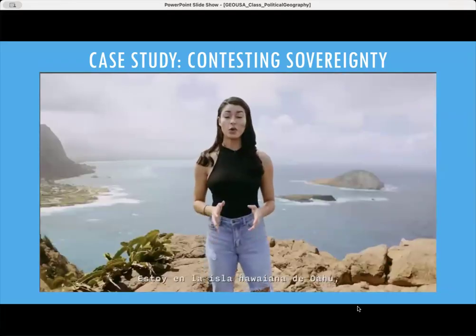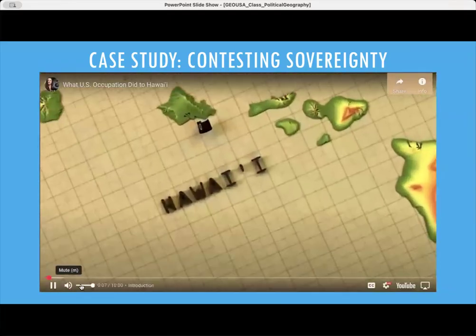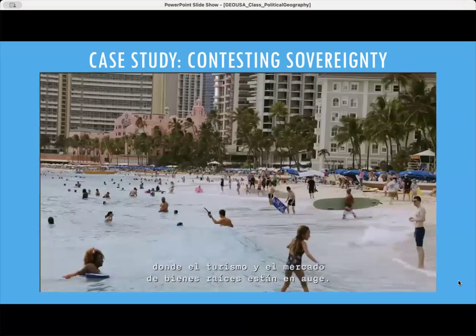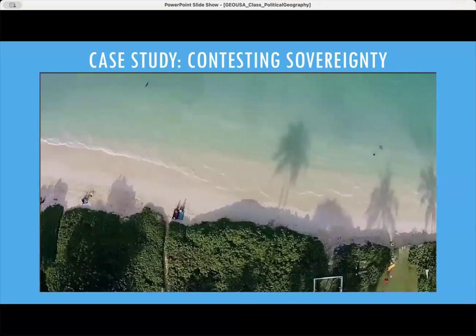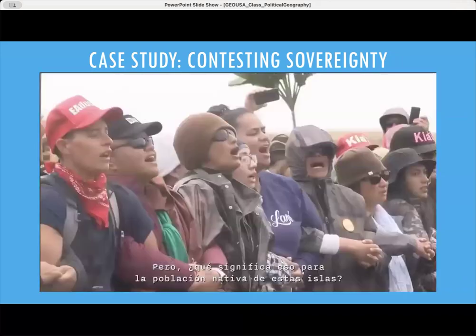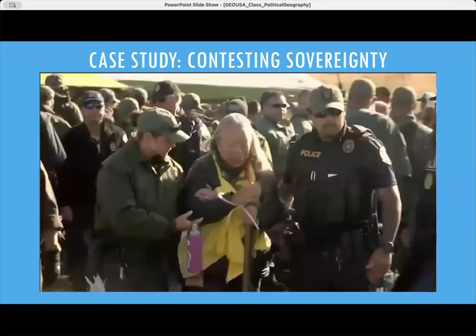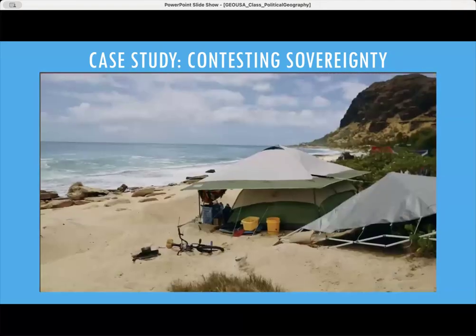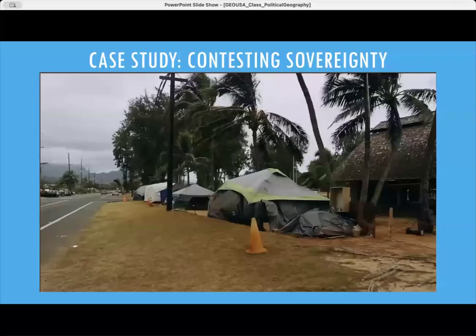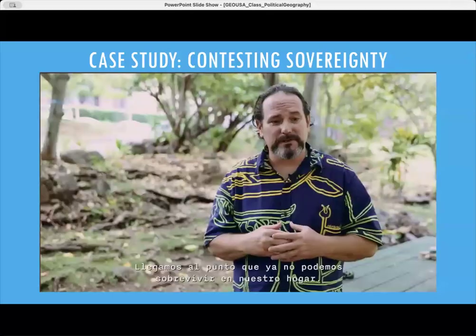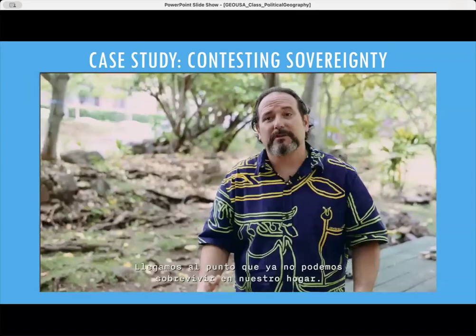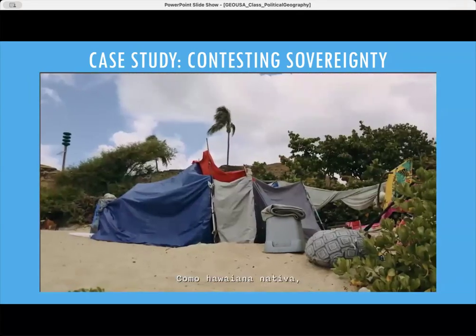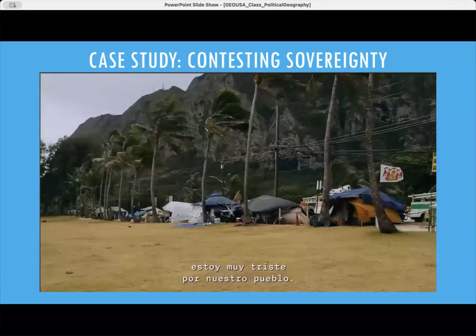I'm in the Hawaiian island of Oahu. Where tourism and the real estate market are booming. But what does that mean for the native population of these islands? And what does that have to do with colonialism? We've reached this really boiling point where we cannot survive at home anymore. It's like we're being pushed out of Hawaii. And as a native Hawaiian, I'm very sad for our people.